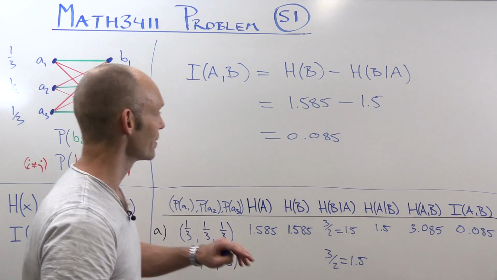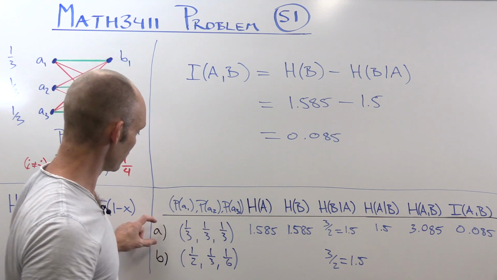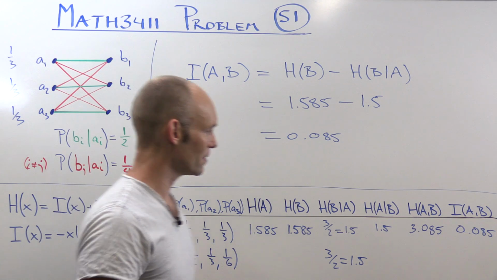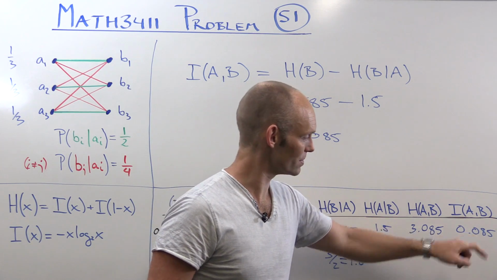And there we go. So now we've completed everything to do with part A. We've found the entropies here, and we see that the mutual information is rather low. In fact, it's quite low.